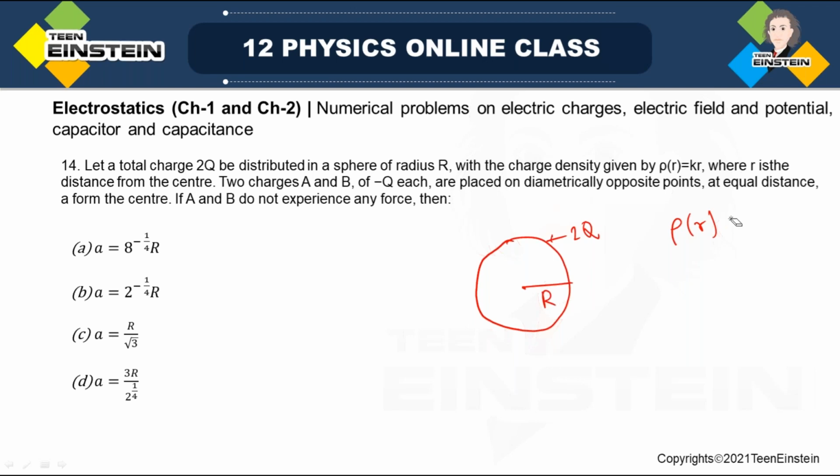What does this mean? Charge density rho r is equal to k into r. That means this 2q charge has been distributed within the sphere.